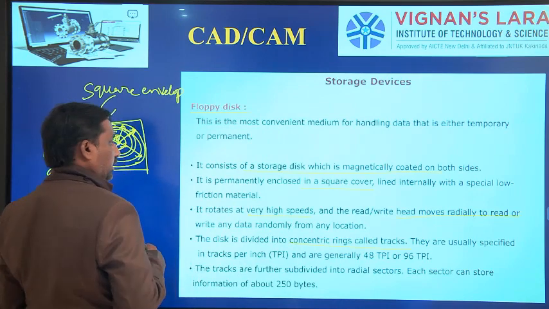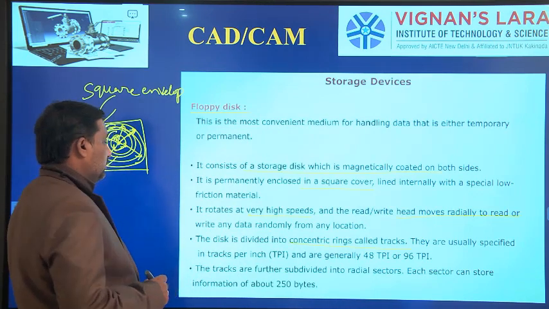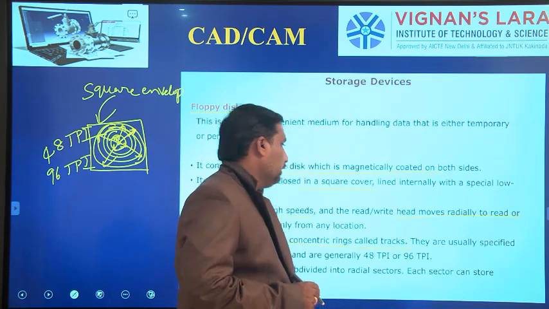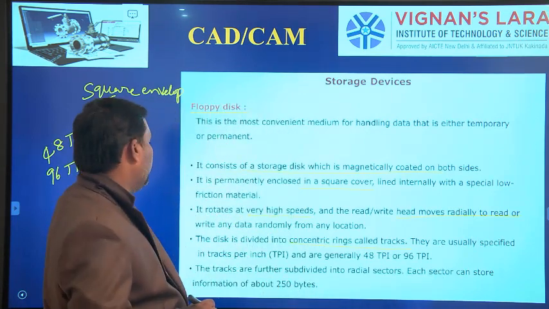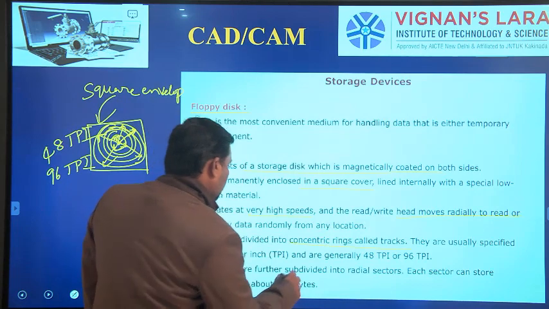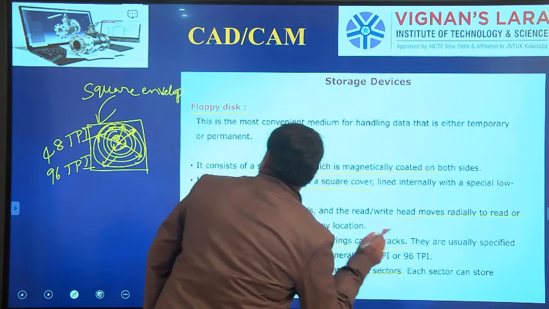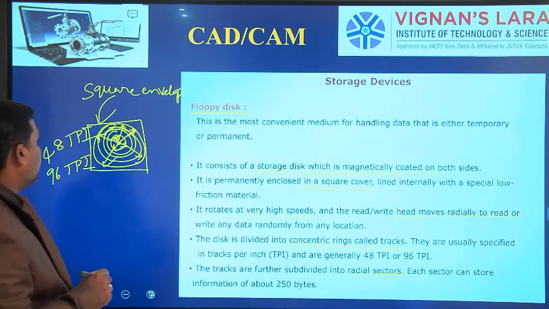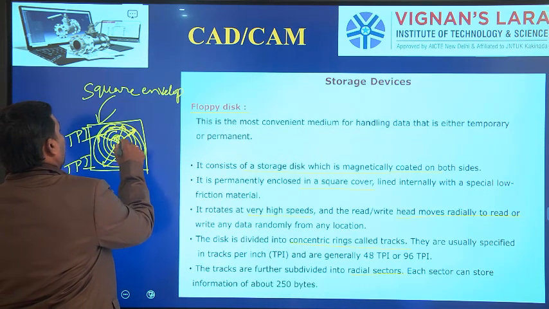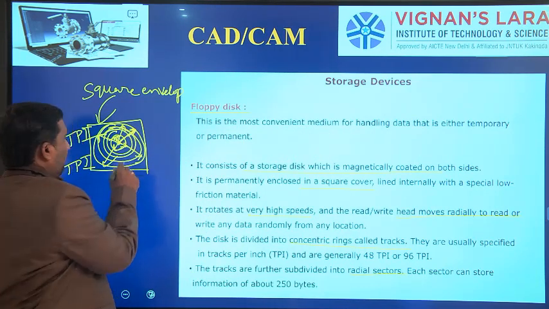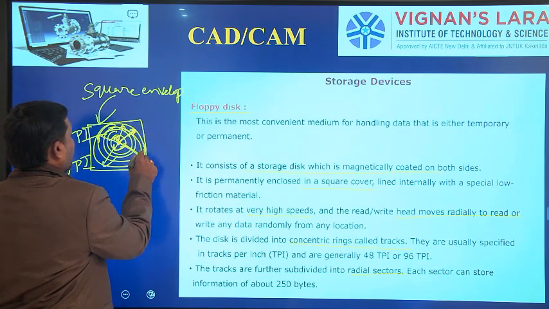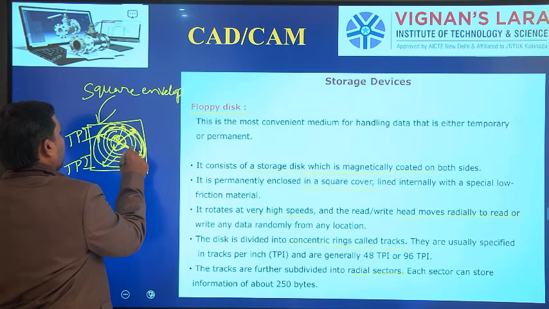Next, these tracks are further subdivided into radial sectors. Each sector can store information of about 250 bytes. These are called radial sectors. How do we divide the tracks into radial sectors? Radially we have different tracks, so this is the radial sector, and it consists of tracks like this.